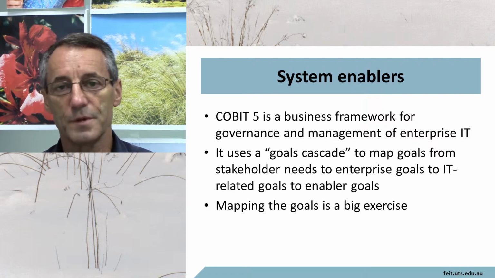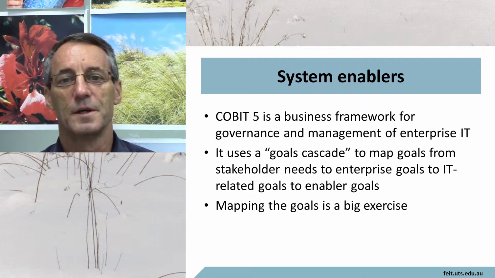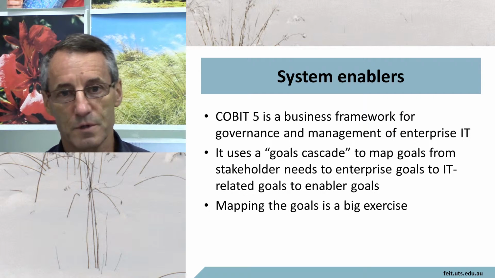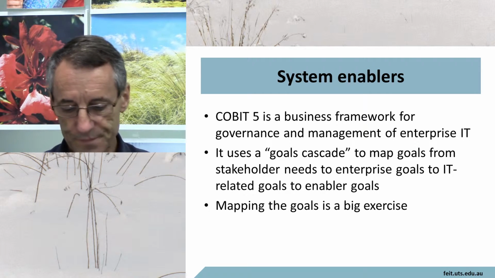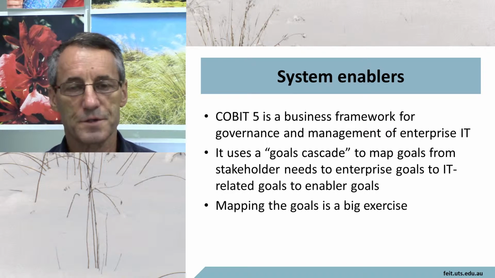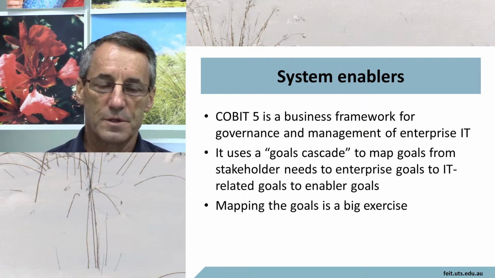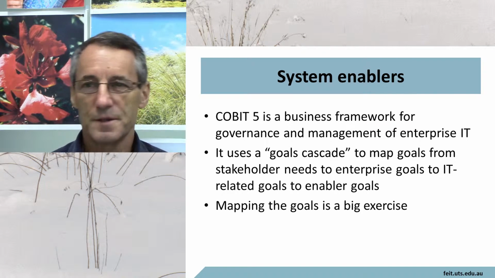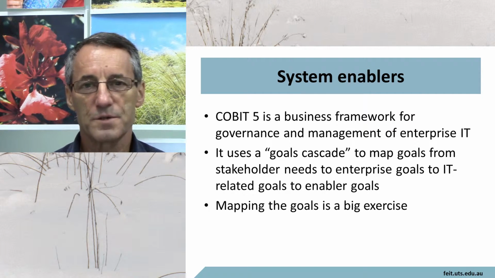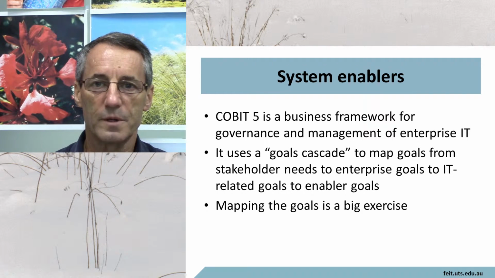And the whole point is to figure out how the enabler ought to be configured or tailored or function in order to serve the ultimate goals of it all. Mapping the goals is not a trivial exercise. It's probably something that an organization hasn't previously done in any considered fashion. It's quite a sizable exercise. However, it probably will be done a bit more in future.